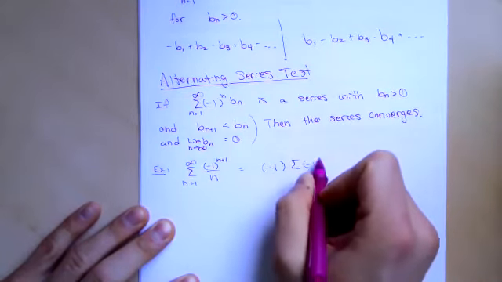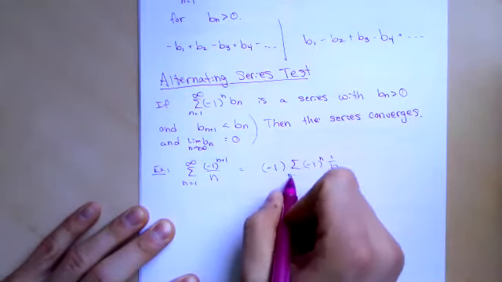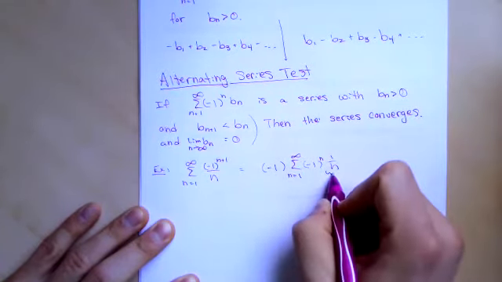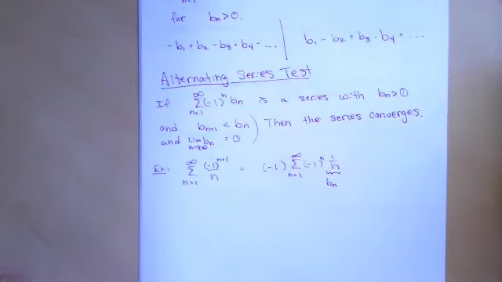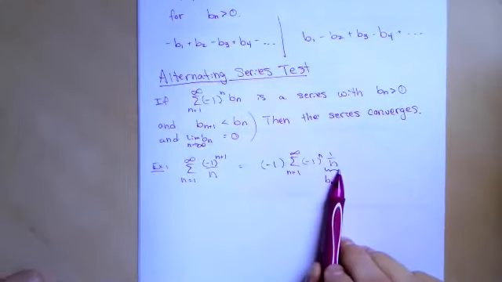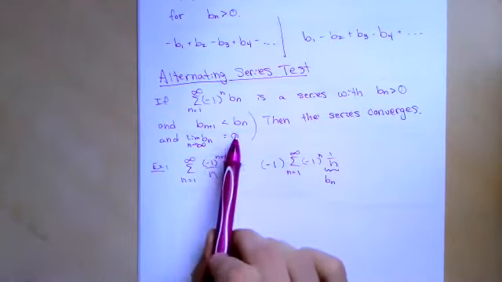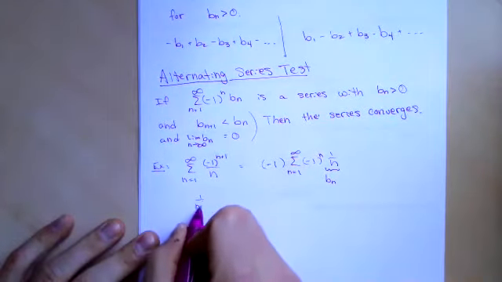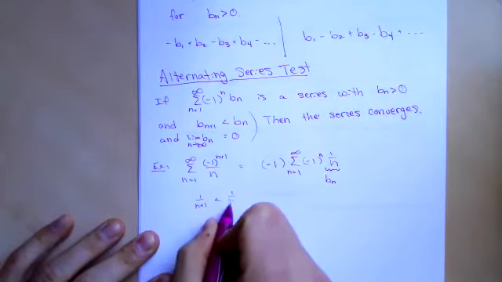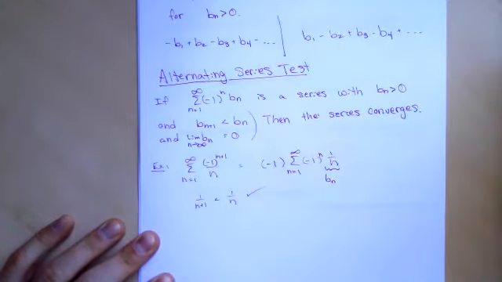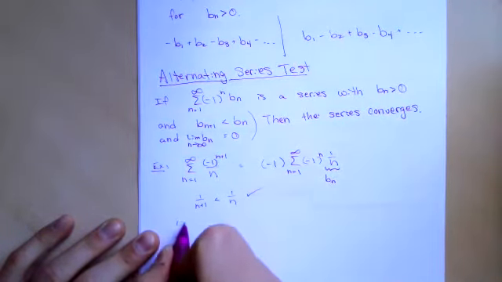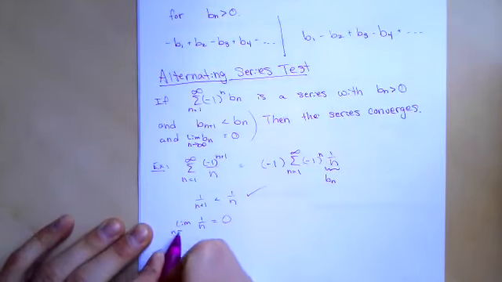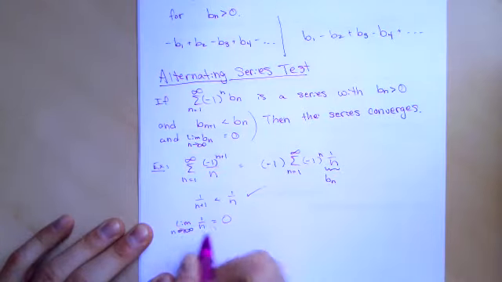Then it's minus 1 to the n times 1 over n. And so here, our bn is 1 over n. And what does 1 over n satisfy? They're all positive, and it's decreasing. I know that 1 over n plus 1 is always going to be less than 1 over n. And of course, we know that the limit of 1 over n goes to 0 as n goes to infinity.